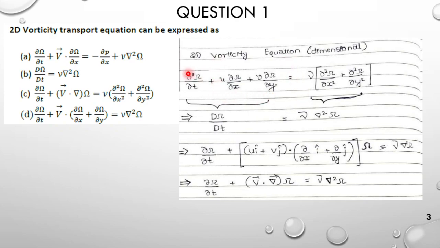Since we are considering the Eulerian approach, along with the local acceleration we also have to consider the acceleration of the control volume, that is from the flux which we consider of x velocity and y velocity. So this is in Eulerian format only, not in Lagrangian format.